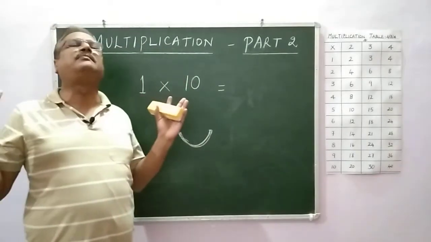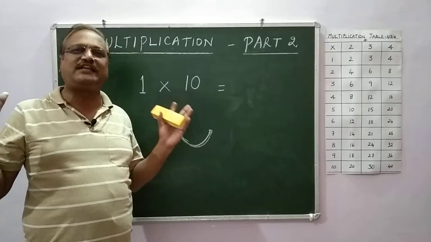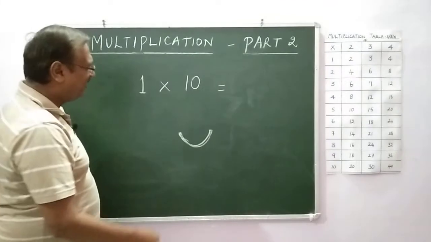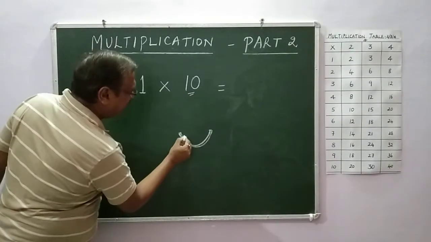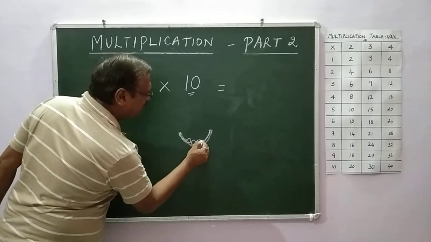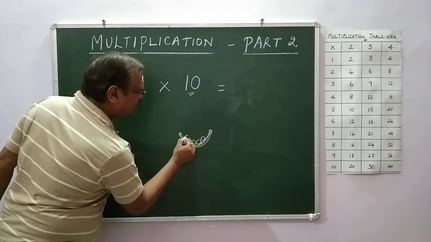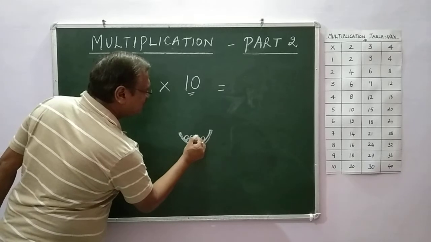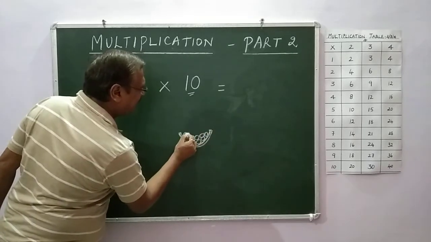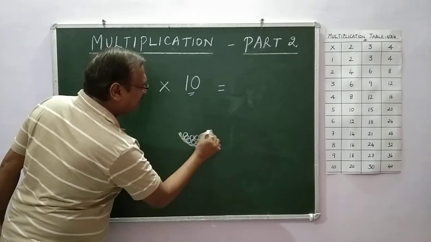Now, I'm not imagining. I'm not dreaming. I'm not sleeping. My eyes are wide open. Now, I'm going to keep 10 laddus. 1, 2, 3, 4, 5, 6, 7, 8, 9, 10. I have 10 laddus.